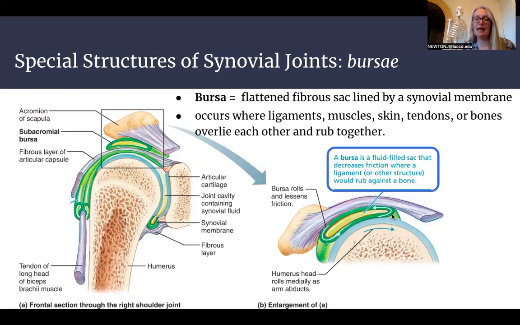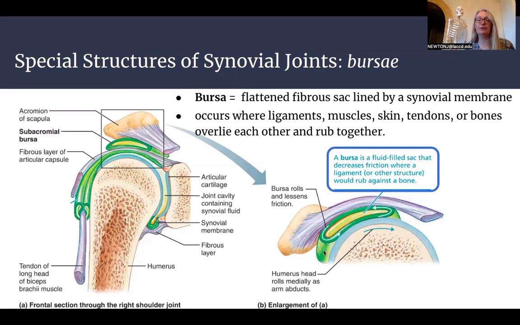a fluid-filled sac that is rolling along. As the head of the humerus is rotating medially, so towards the midline, this bursa is able to scroll along with that movement, and it stops friction happening between the fibrous layers here, so the ligament above and what should be the capsule below.